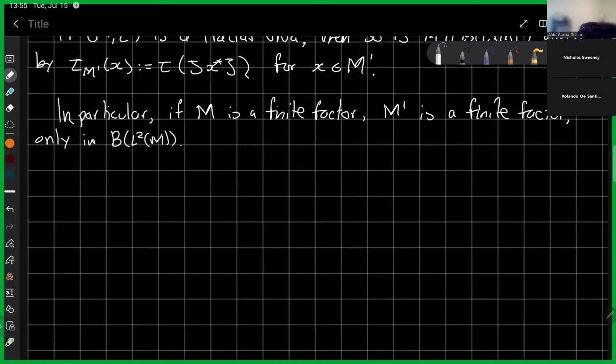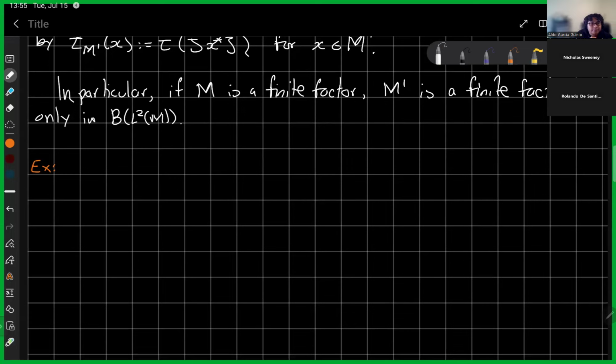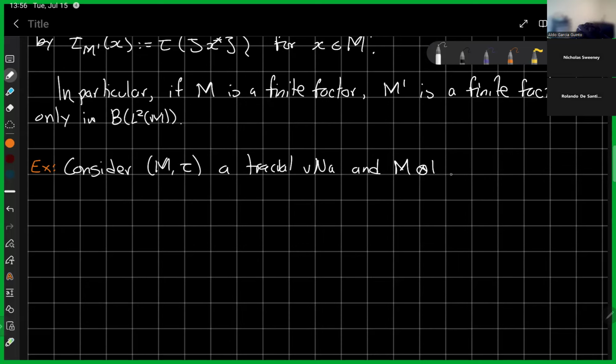And that is the example that I'm going to give you now, an example where M is tracial, but M prime is not tracial. So consider M, tau a tracial von Neumann algebra, and M tensor 1 acts on L2 of M tensor H, where H is infinite dimensional.